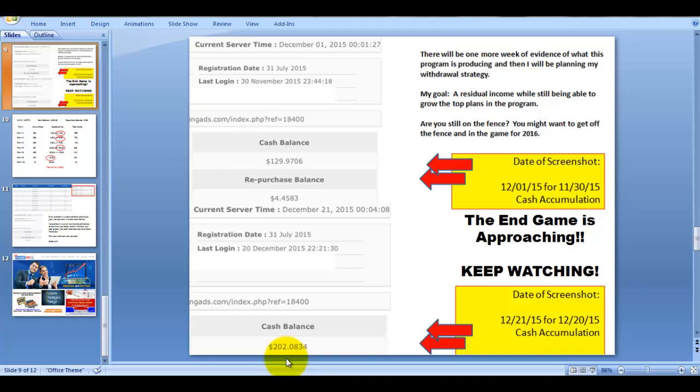It's reflective of my referrals who are also growing their business, and then my ad shares that are growing and keeping my lower shares maxed out, so that I'm maxing out the program to the greatest of my ability while I'm still growing at my top levels.